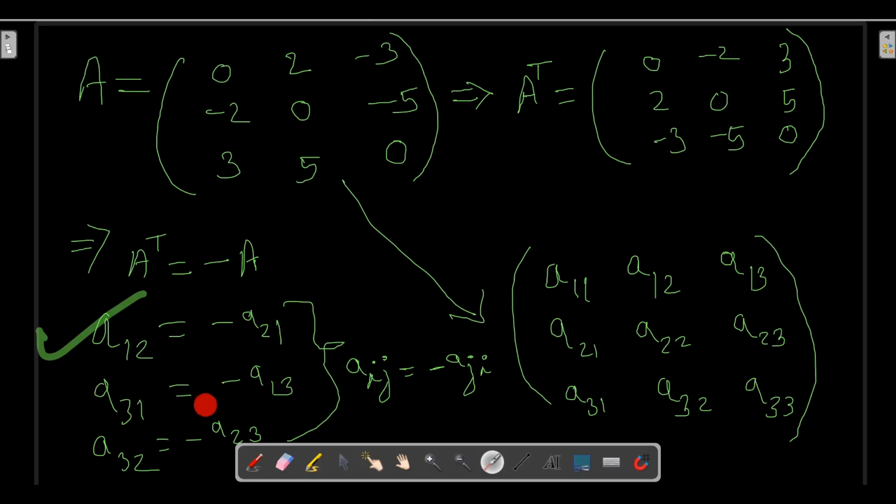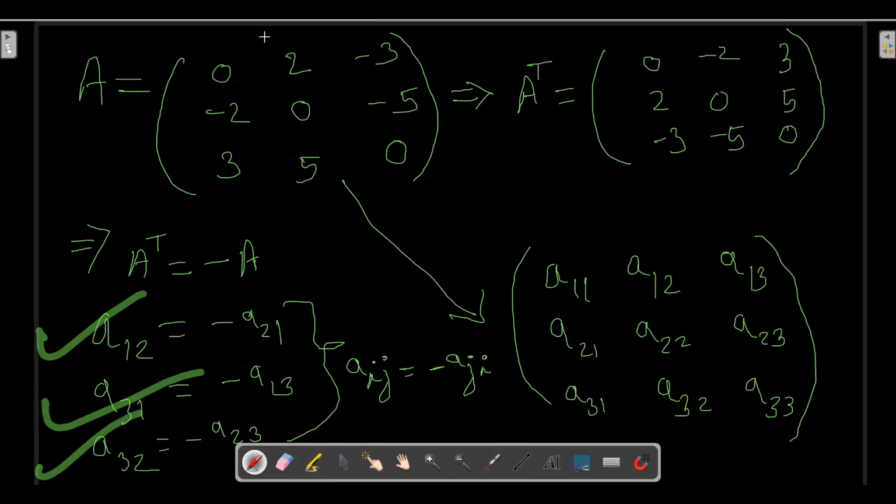This condition is also satisfied. Now A32 is equal to 5 and A23 is equal to minus 5, so A32 is equal to minus A23. This condition is also being satisfied.